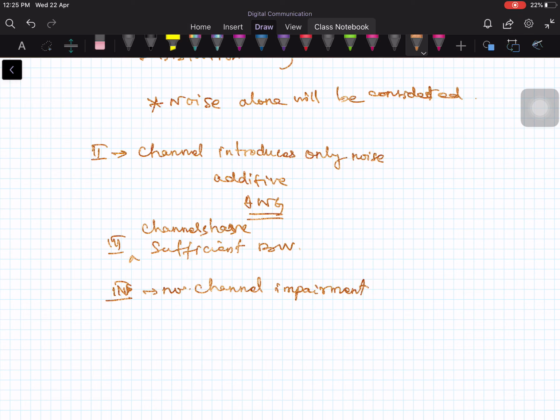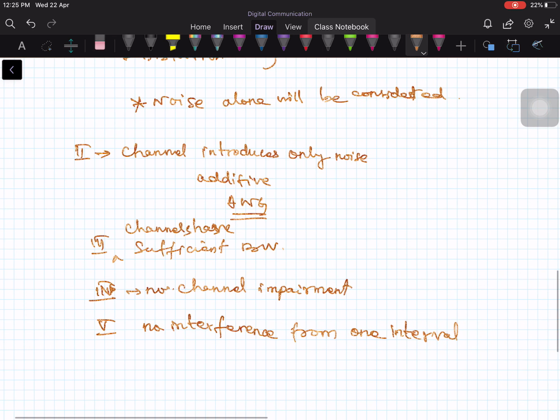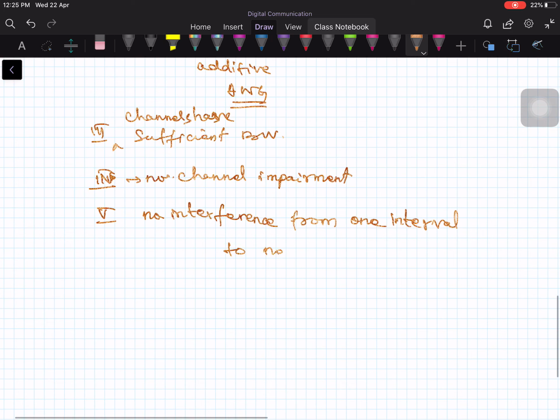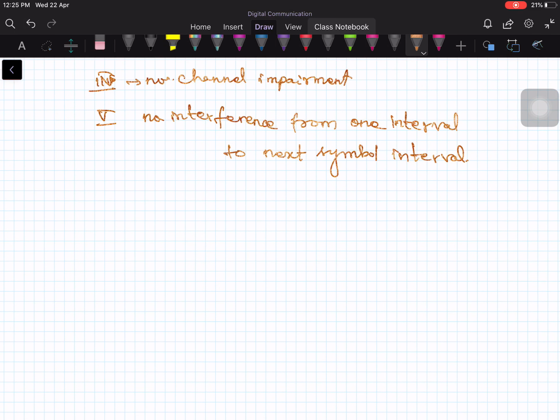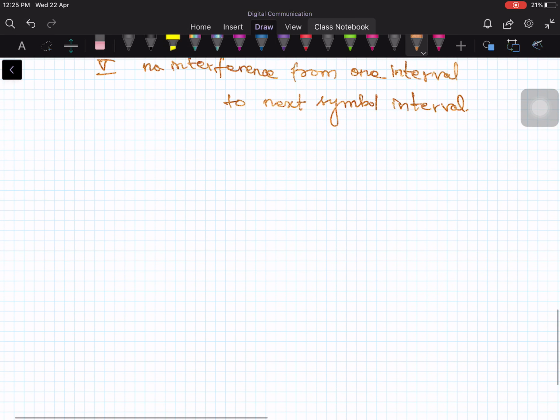And the fifth assumption is no interference from one symbol interval to the next symbol interval, and no cross interference from other channels.